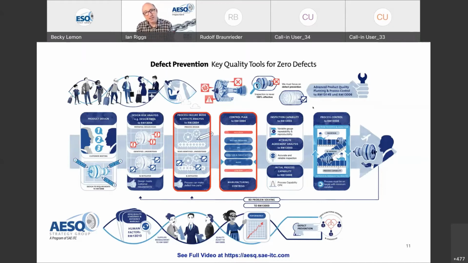It's available on the AESQ website that shows how each of these tools fit together, where they are in AS 13100 or which reference manual applies. You can view it on the website. You can download it and use it within your own organization. We can't show it on WebEx, unfortunately, but it's the link. If you click on the AESQ link, you'll be able to find that very easily, and hopefully you'll find that very useful as well.